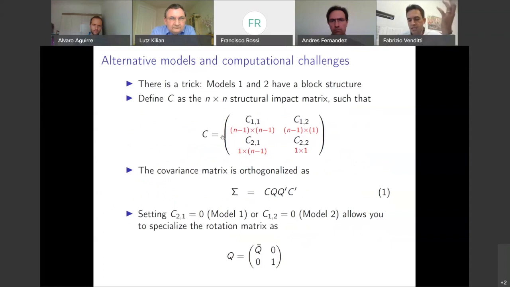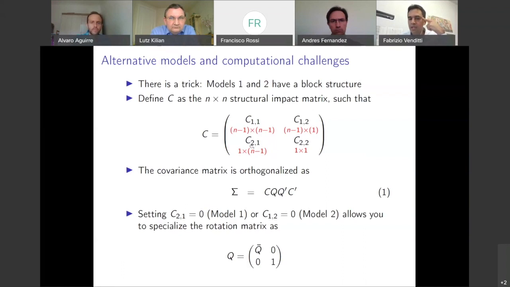So there is, in a sense, a trick. This is not a trick, but there is one simplifying computational aspect of Models 1 and 2. These two models have a block structure, not block diagonal. So let's define C as the structural impact matrix. This is really the matrix that defines the impact of shocks within the month on the endogenous variables.